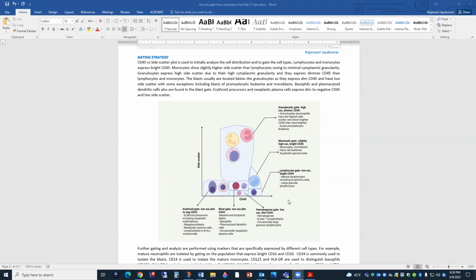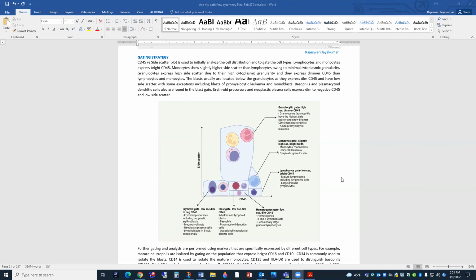For example, if this is a bone marrow that has metastasis or any solid tumors, we can get rid of those cells by gating on just the CD45 positive cells. Also, if it is a tissue specimen, again we can get rid of those metastatic cells or tumor cells or any epithelial cells or other debris or fibroblasts or endothelial cells. All those things we can get rid of by using CD45. That is the reason we use CD45.